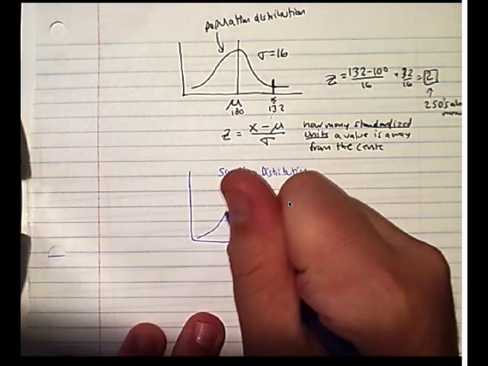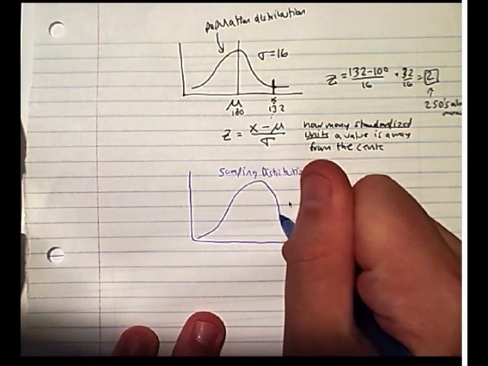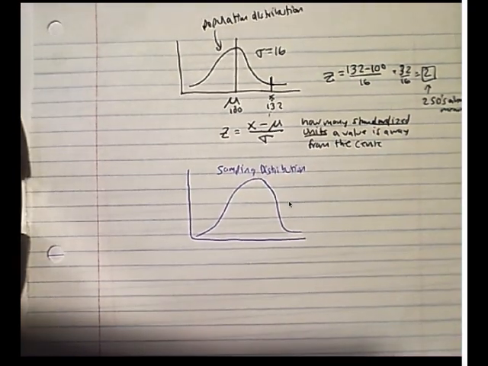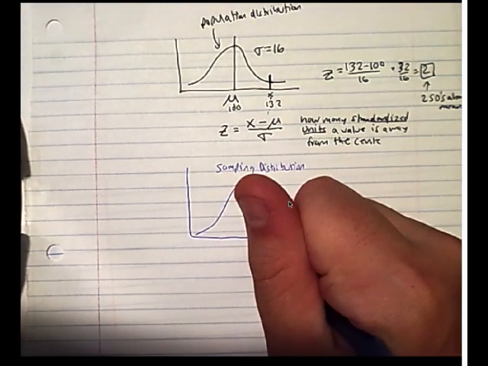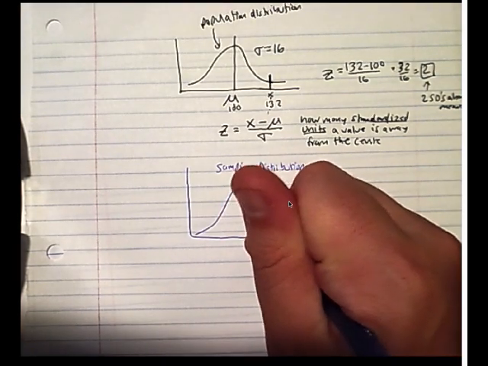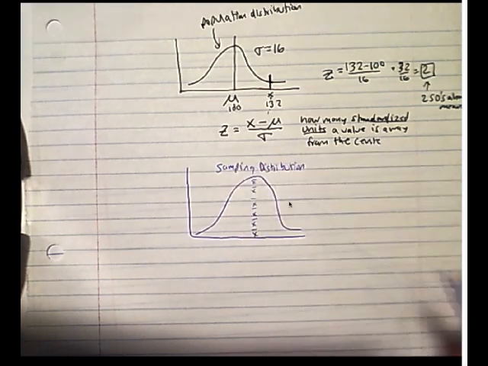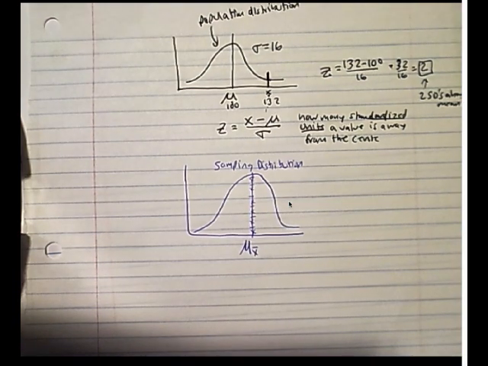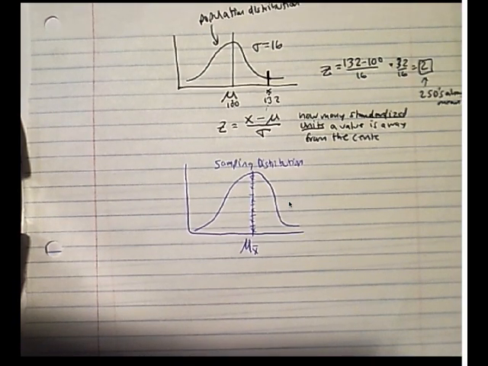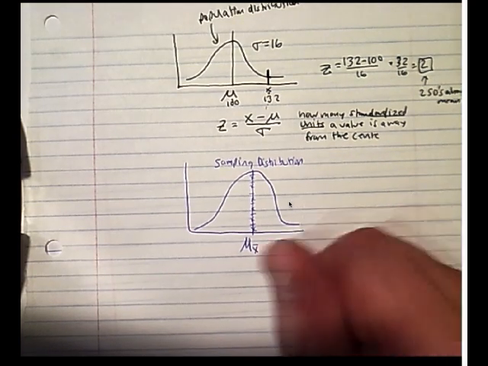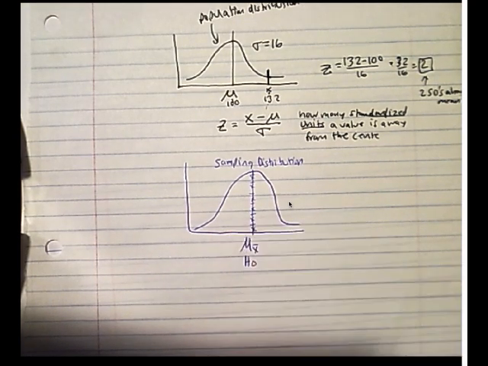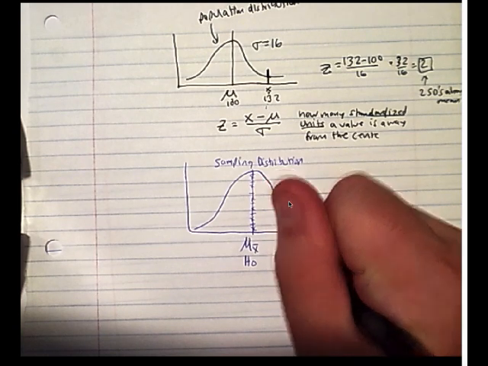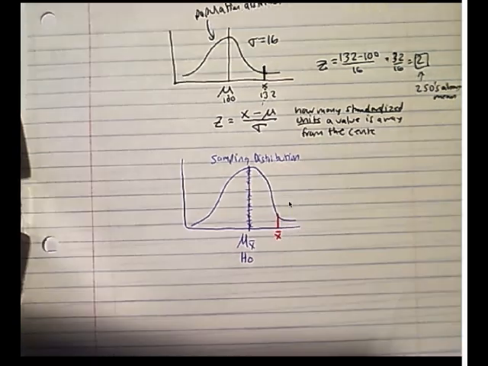So if we have a sampling distribution here, each one of these things has an X bar, and so on and so forth, and right down the center, that's the mu of the X bar. It's going to be some value that we get out of H0 in a hypothesis test, the null hypothesis. So we're going to take a sample, and find the mean, for instance.